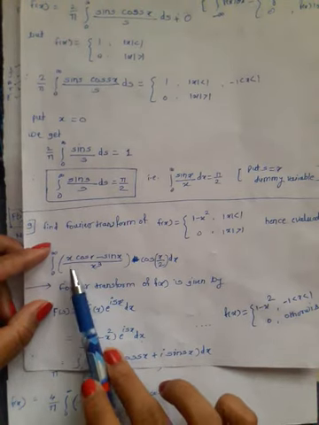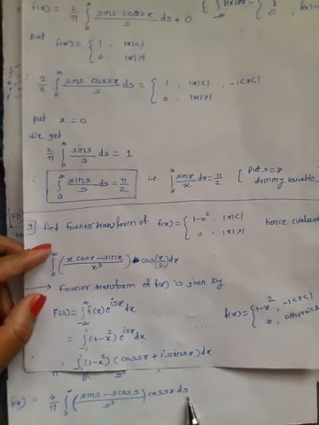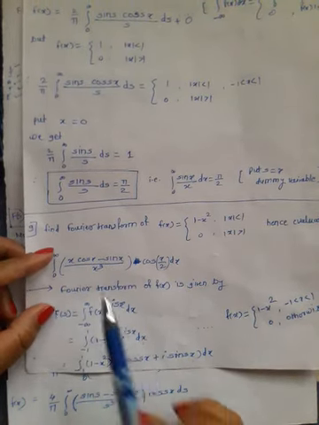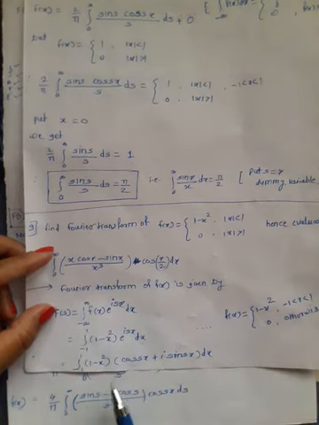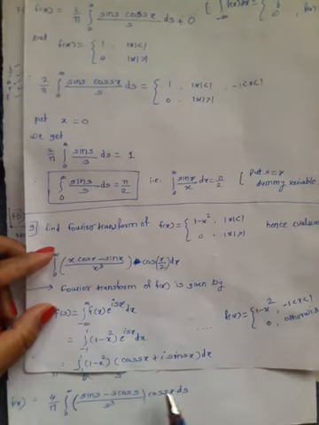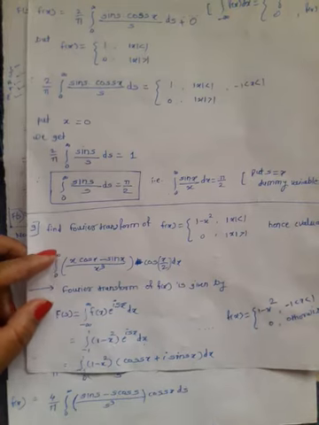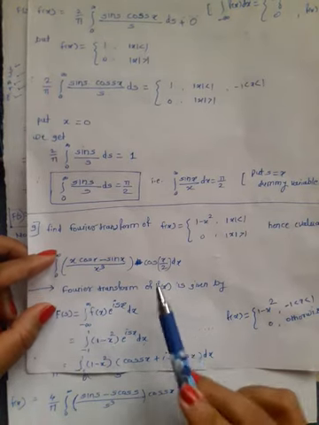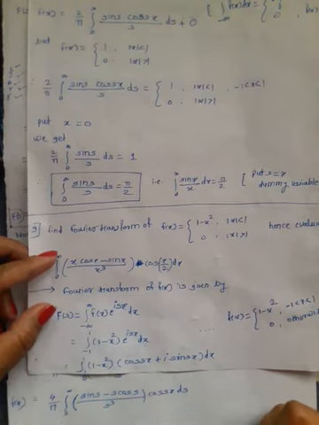Here the dummy variable is x, and our variable is s; both are the same. We have (s cos x minus sin s x) upon s cube times cos(x/2) dx. Which value do we have to put so that it becomes x by 2, that is 1 by 2?